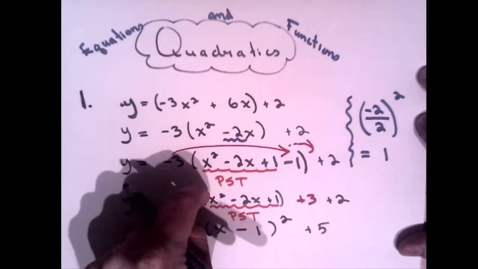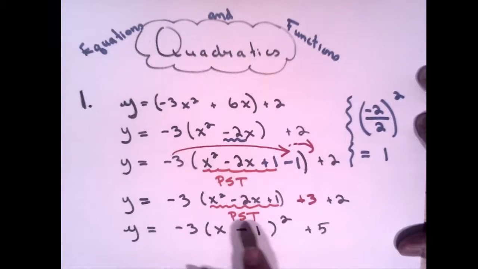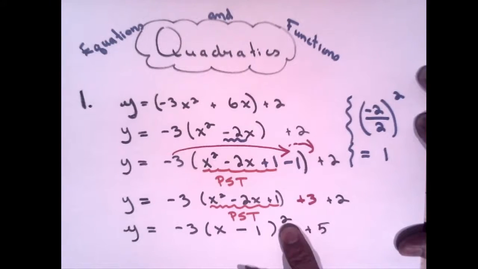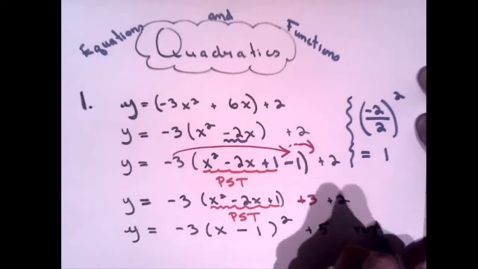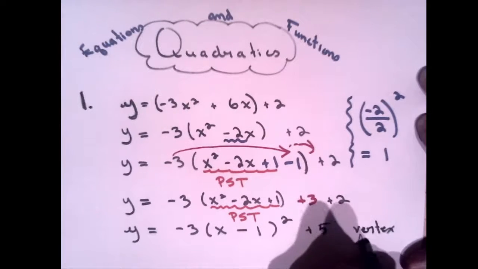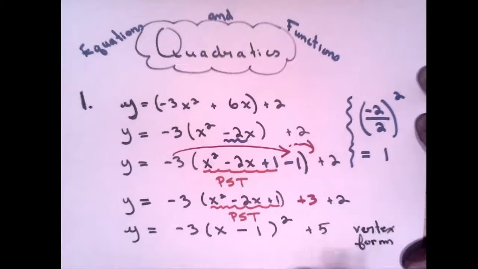Okay, next check. X times -1 times 2. Well, that gives -2x. And then -1 times -1 gives +1. So you know you're okay. You've finished completing the square, and you should recognize this as a form. It's vertex form. So now you can answer all the questions that are within question 1 on the review handout.